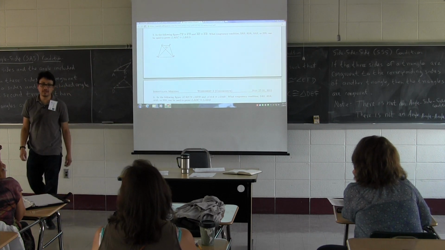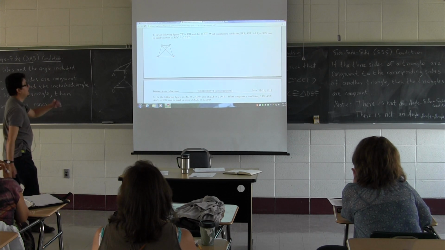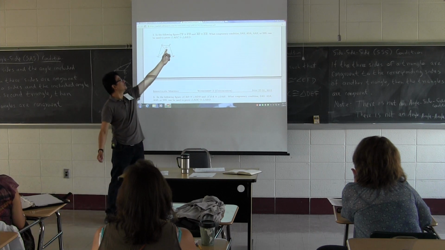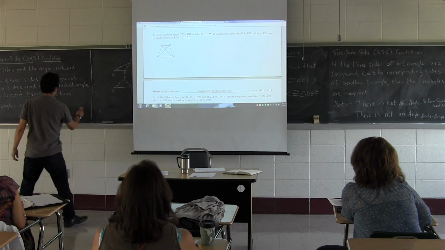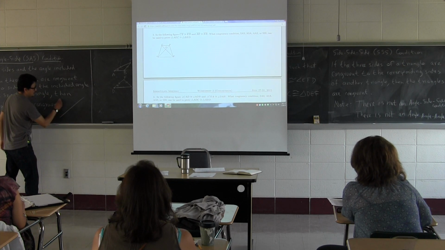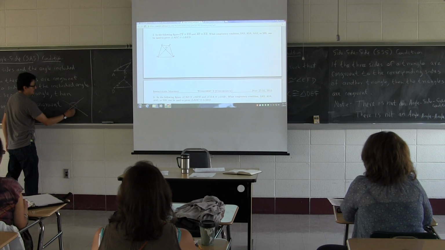So are they congruent, and why? Side angle side. And what are we using? Exactly right, the vertical angles condition. So if we have two straight lines, opposite angles are congruent.